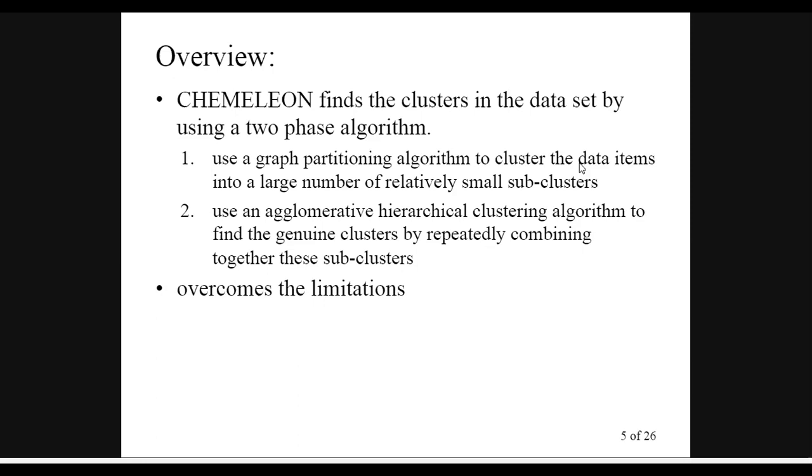And after we have divided the original graph into smaller subclusters, in the second phase we perform agglomerative hierarchical clustering. In it we merge two subclusters on the basis of some parameters like internal closeness and internal connectivity.